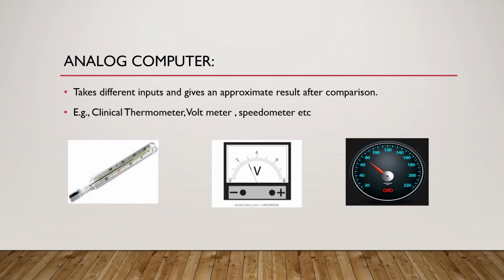Why are these given as examples? Because the analog computer is used to measure physical quantities like temperature, current, voltage and speed. So they have given these examples for you to understand the analog computer.